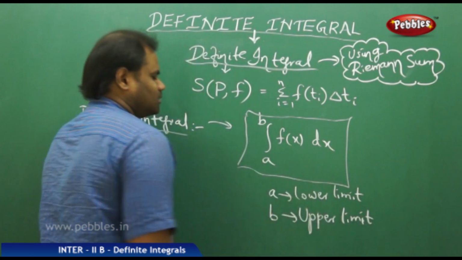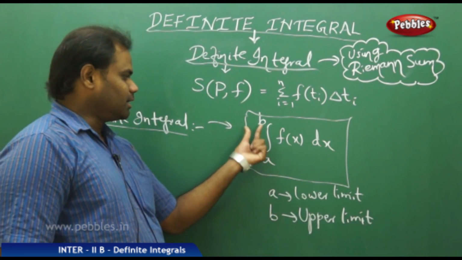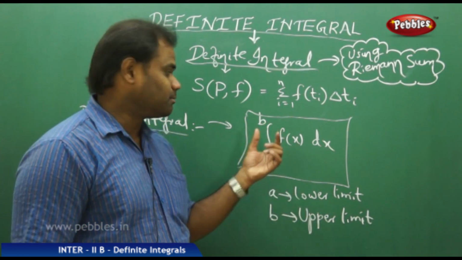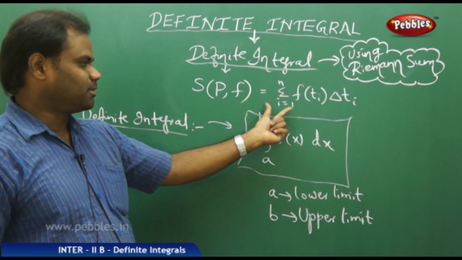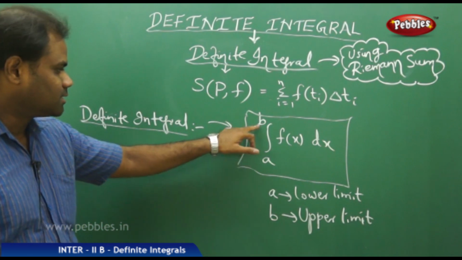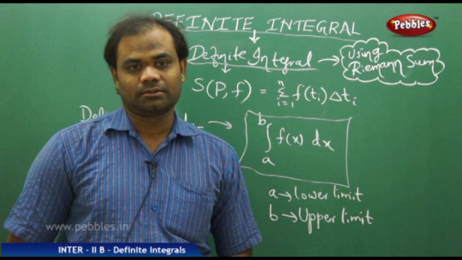So using the boundedness of the function, we have the lower limit a and the upper limit b, and hence the definite integral using the Riemann sum S_P(f), the summation i equals 1 to n of f of t_i delta t_i, is defined as the integral from a to b of f of x dx.